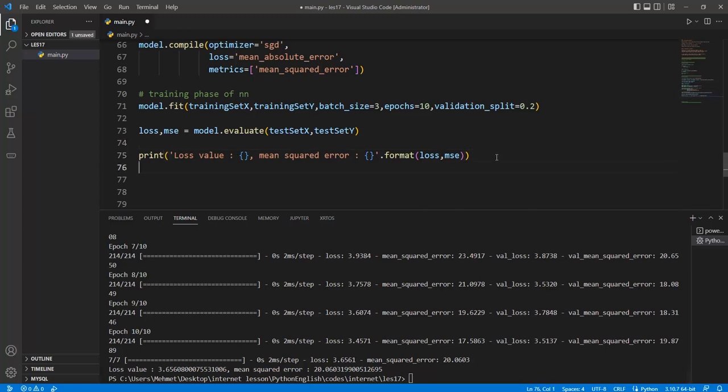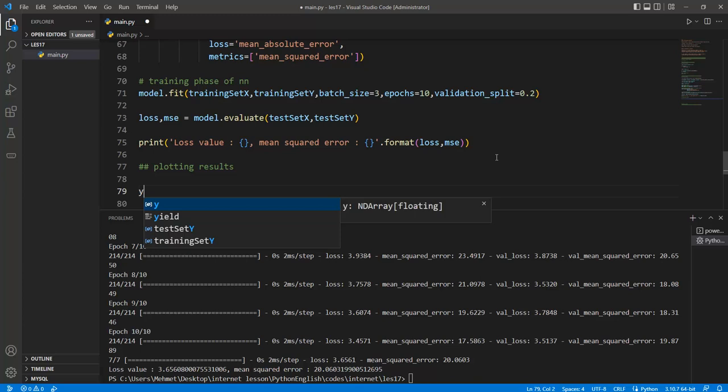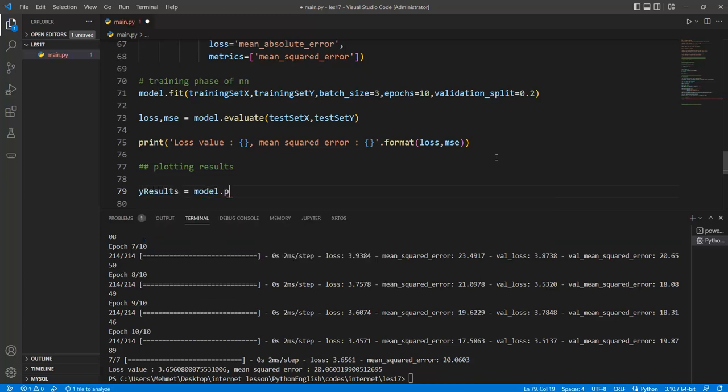in order to predict and plot the results, like this one, we should utilize the model predict function with the x.